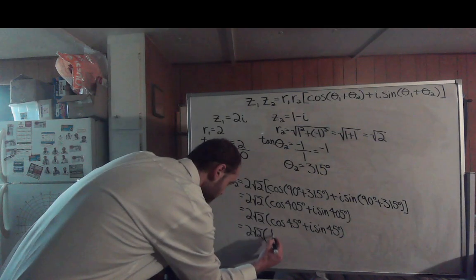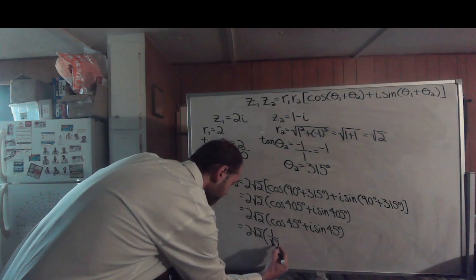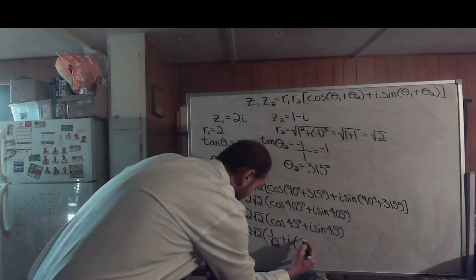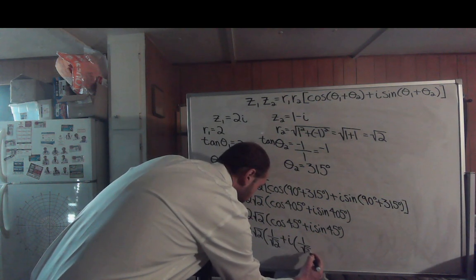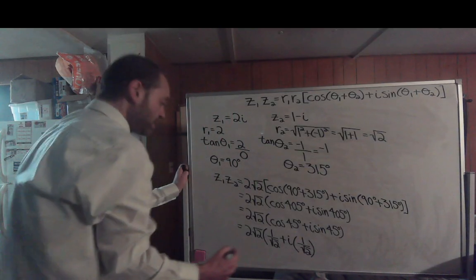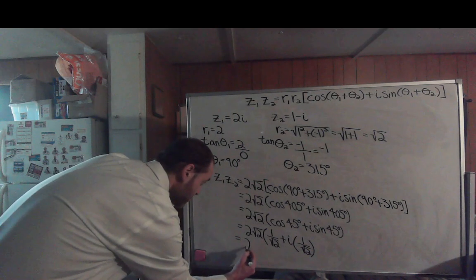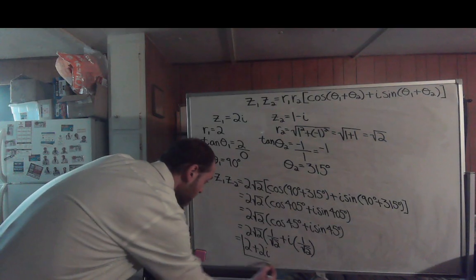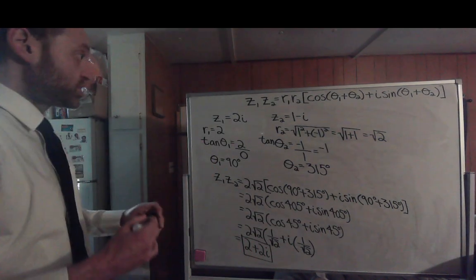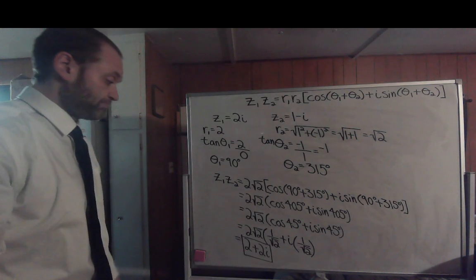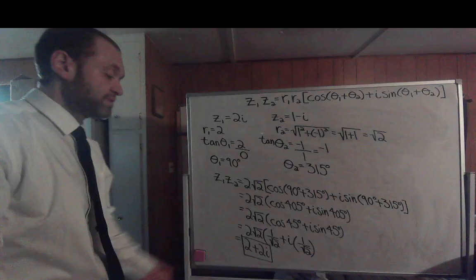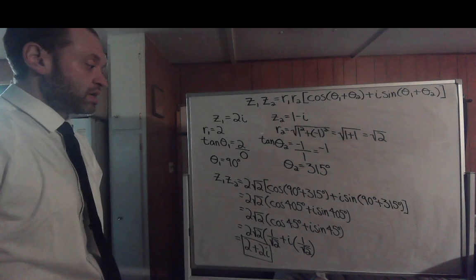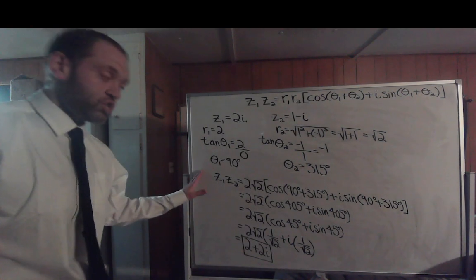That's just 1 over the square root of 2, plus i times the sine of 45, which also happens to be 1 over the square root of 2, which would just end up giving you 2 plus 2i. So you should end up getting 2 plus 2i as your number in the standard form of a complex number.